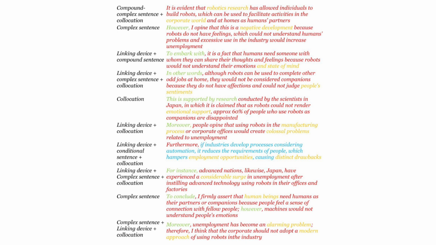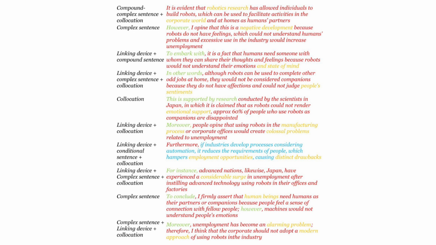In other words, although robots can be used to complete other odd jobs at home, they would not be considered companions because they do not have affections and could not judge people's sentiments. Collocation and a linking device. And of course, although makes it a complex sentence.